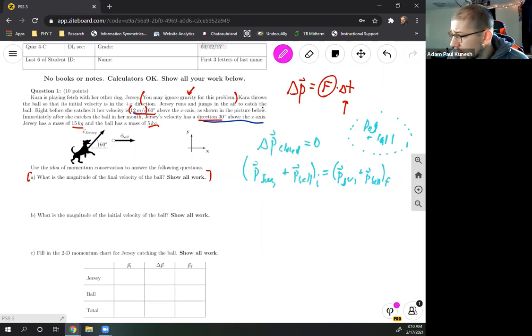All right, so starting from here, notice that this is a vector quantity. So even though it looks like it's just one equation, it's really 2. So what this tells me is that px Jersey initial plus px ball initial equals px Jersey final plus px ball final.